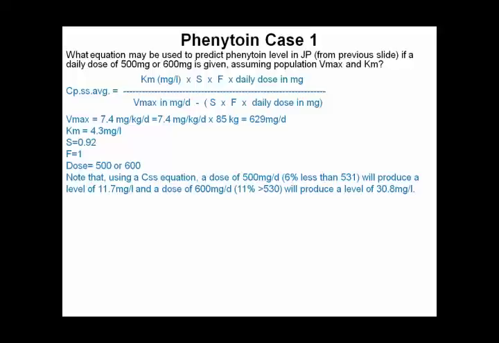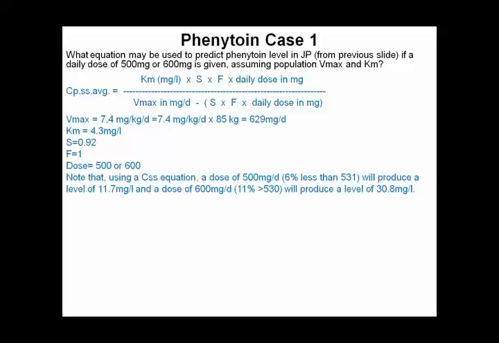A dose of 500 will produce a level of 11.7. A dose of 600 will produce a level of 30. So you will definitely avoid 600.